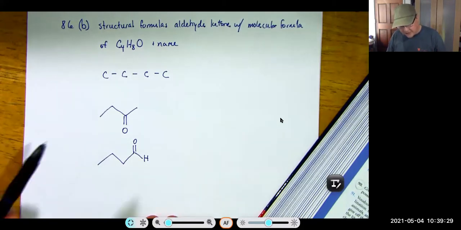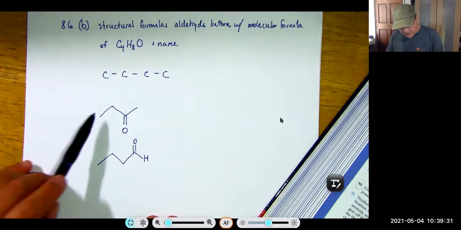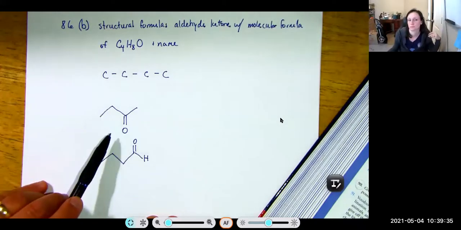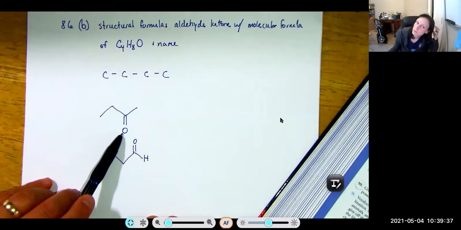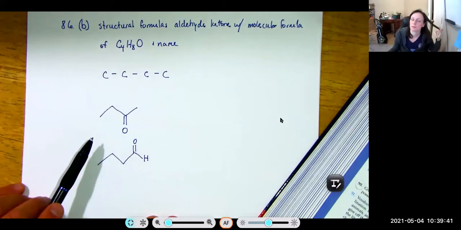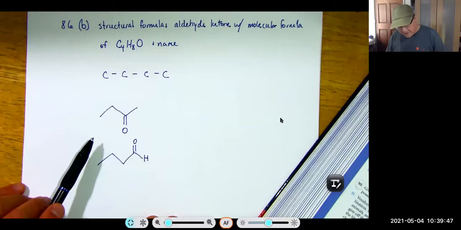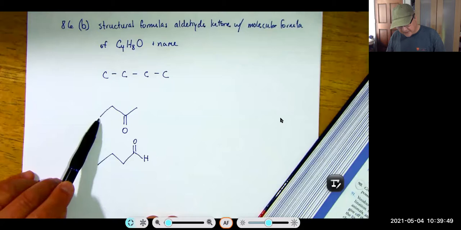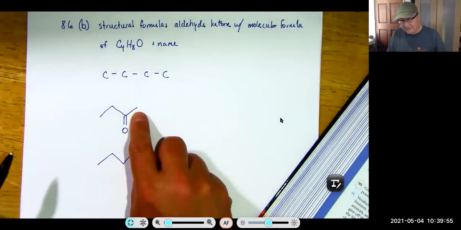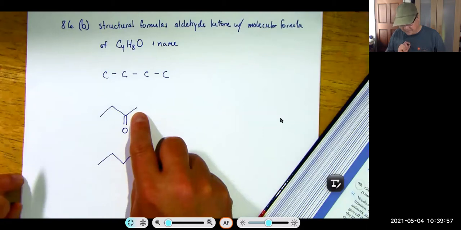We're going to double check. How many carbons here on the top one? 4. How many oxygens? 1. And how many hydrogens? Only 7. How many here at this end? 3. How many at this end? 2, 3, right? Because I expected you to go to the peak.